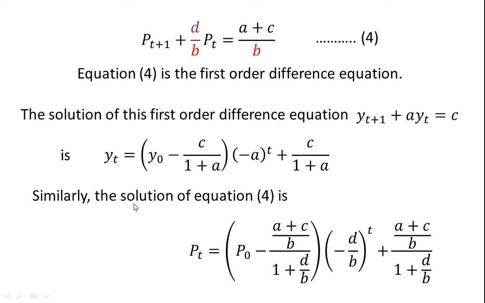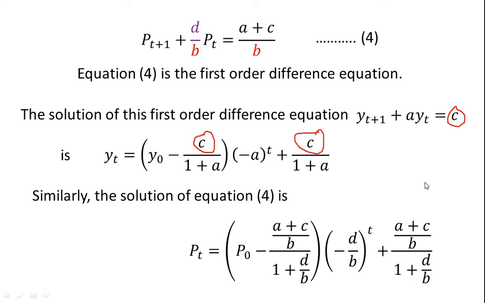Similarly, the solution of equation 4 is Pt equal to P naught minus a plus c divided by b, divided by 1 plus d by b, into minus d by b whole to the power t, plus a plus c divided by b, divided by 1 plus d by b.